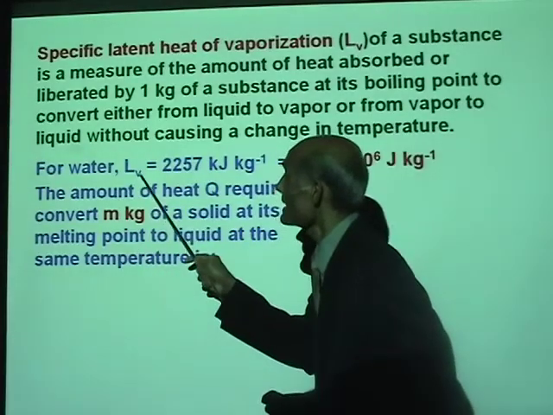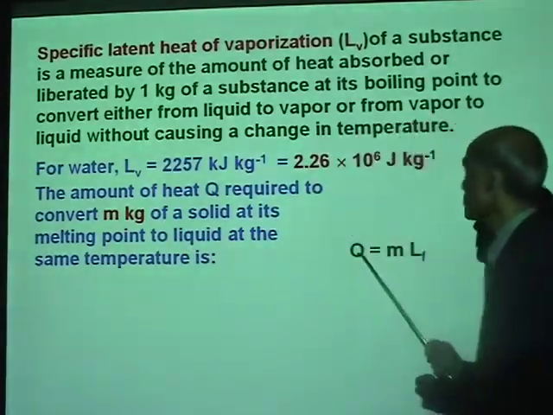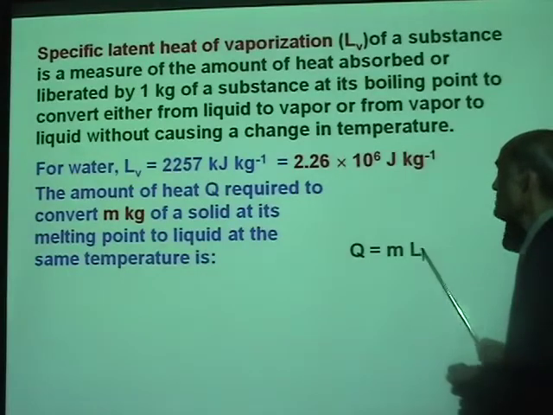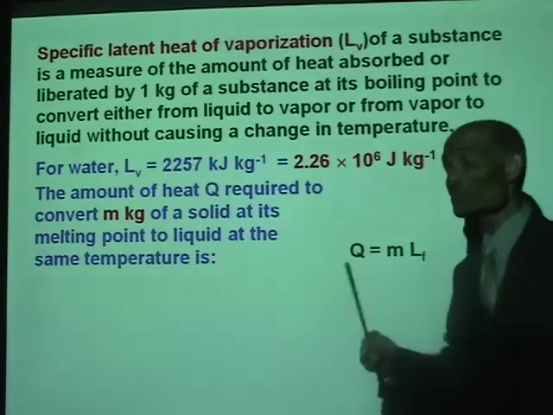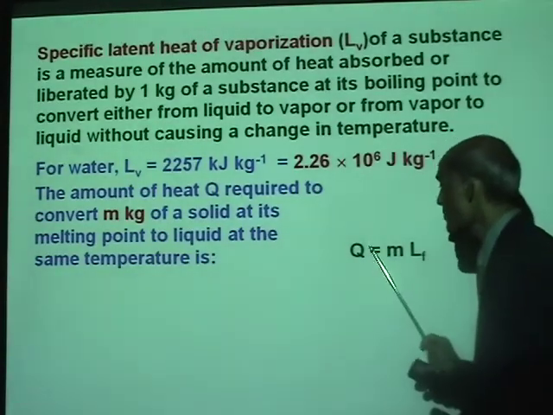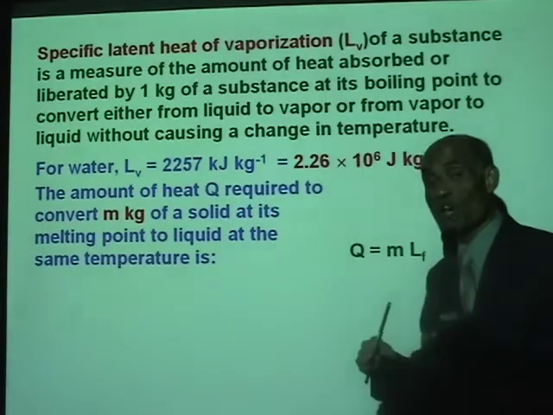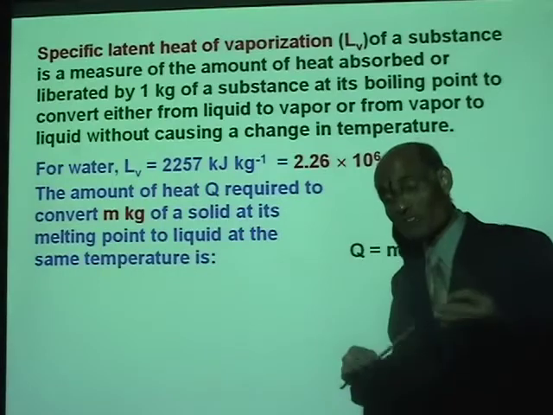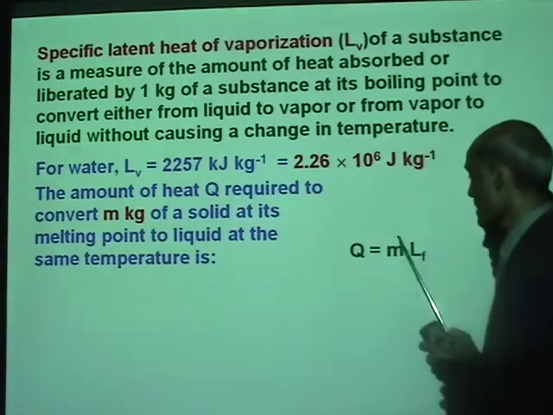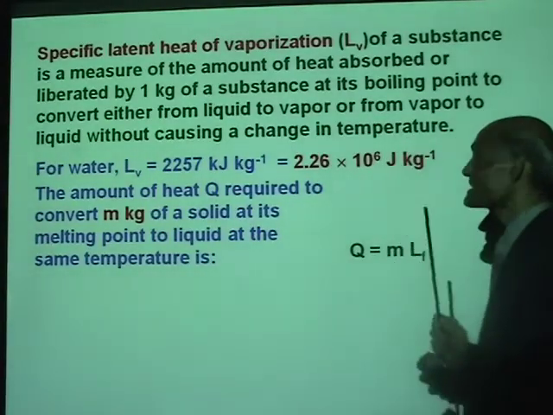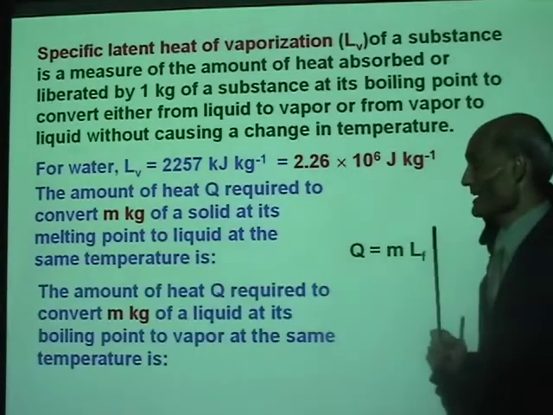Mass times latent heat. It will be Q equal to m times LF, latent heat of fusion. So the quantity of heat required to convert m kilogram of a solid to liquid without a change in temperature is mass times latent heat of fusion.